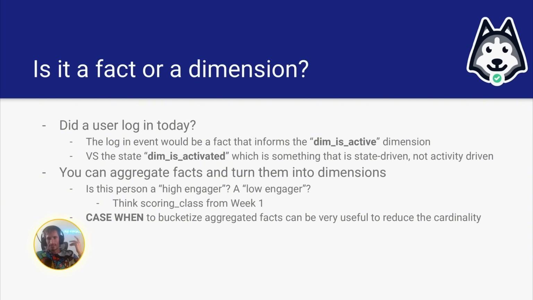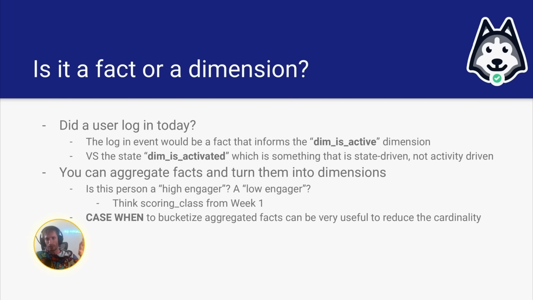For example, dim is active was based on whether they had any activity. I think it was whether they showed up for at least a minute on the app, or they showed up for less than that but had an engagement, like a like, a comment, or a share.